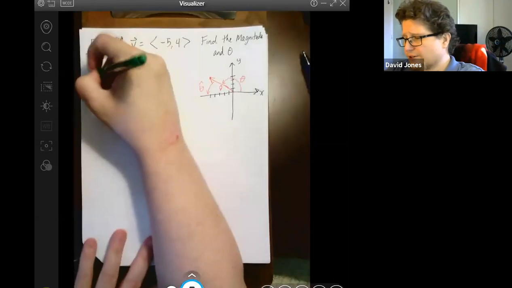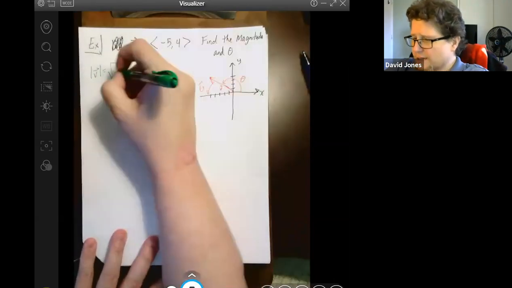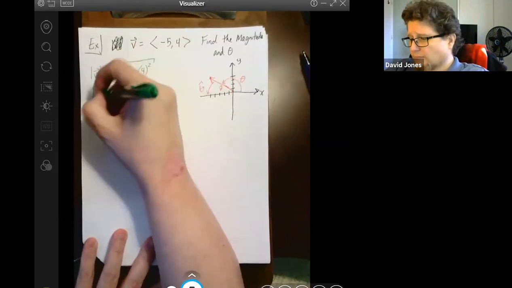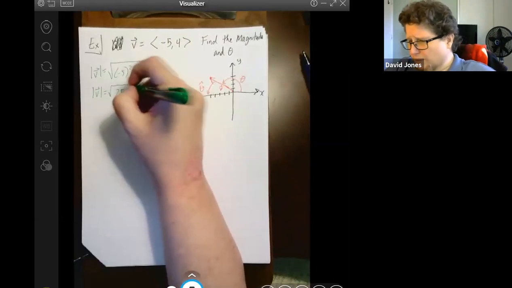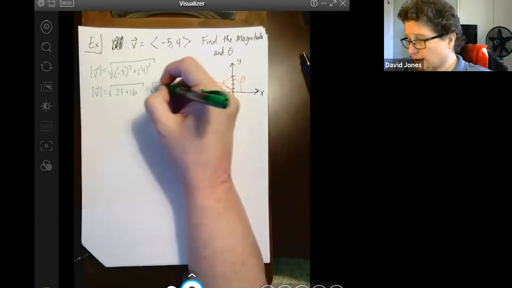We have the magnitude of V is the square root of a squared plus b squared. It's the square root of 25 plus 16, which is the square root of 41.